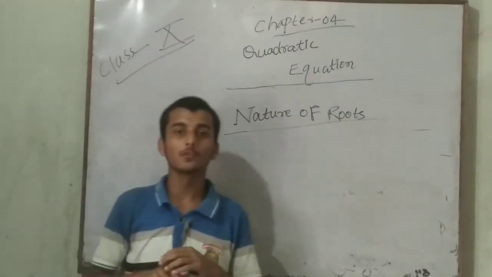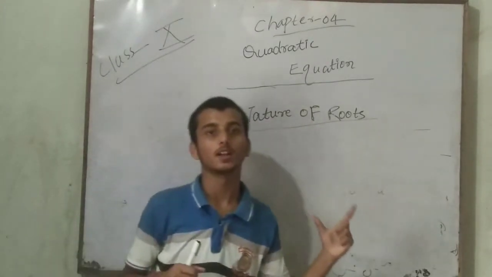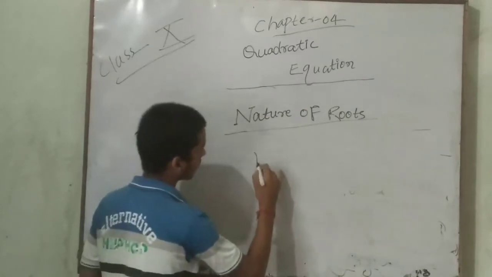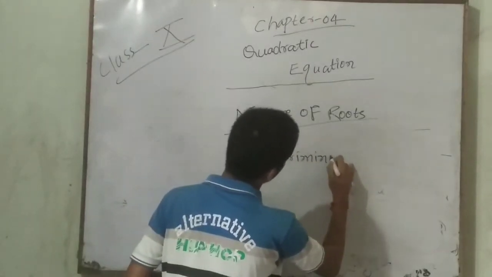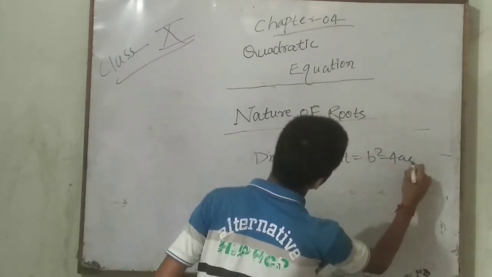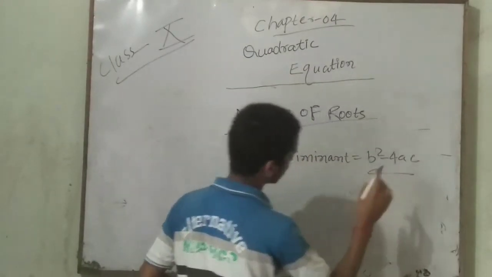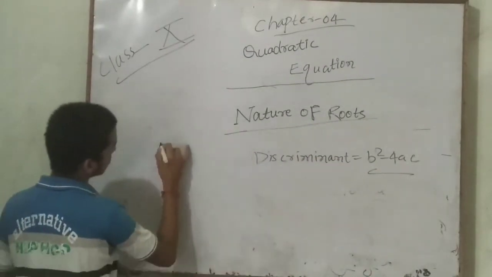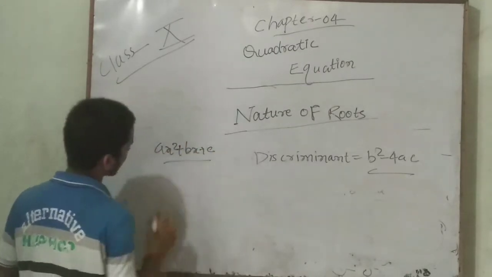Nature of roots depends on one of the most important things, called the discriminant. Discriminant D is equal to b square minus 4ac, where our equation is in the form of ax square plus bx plus c.